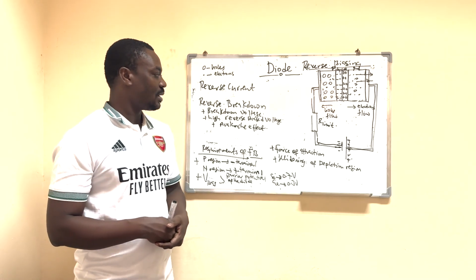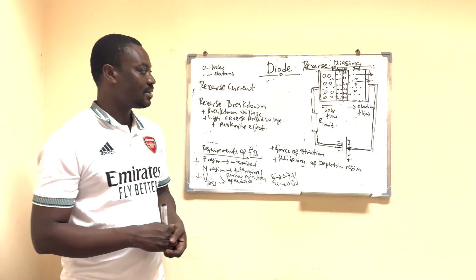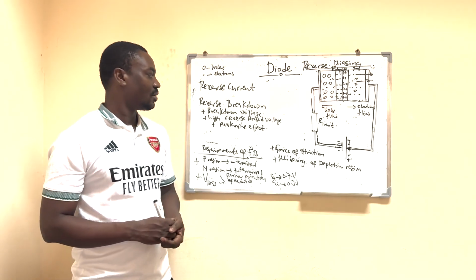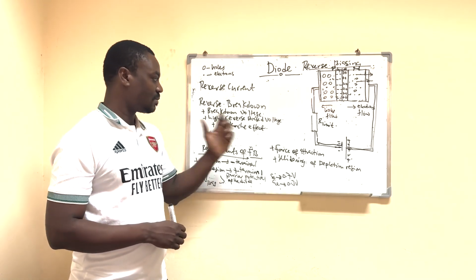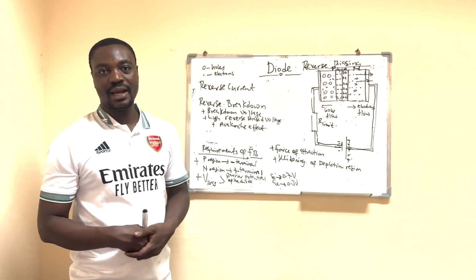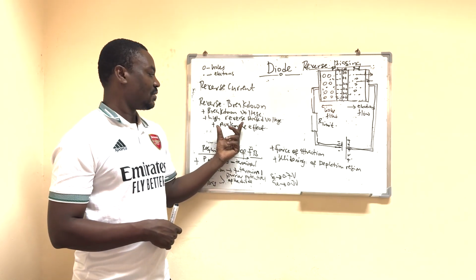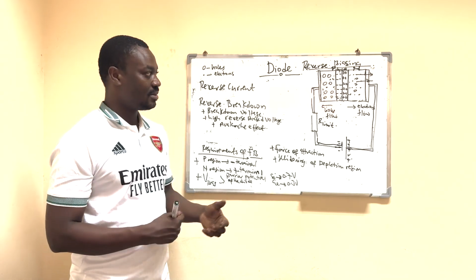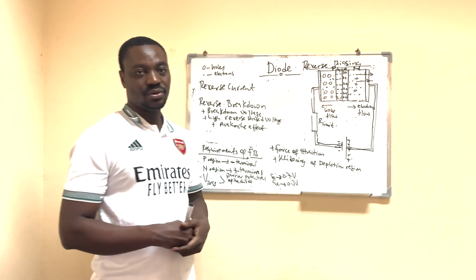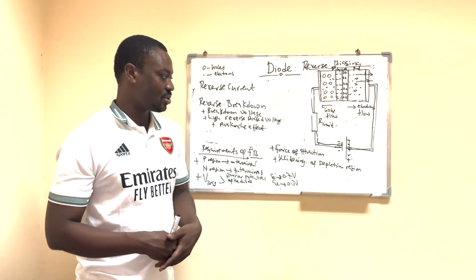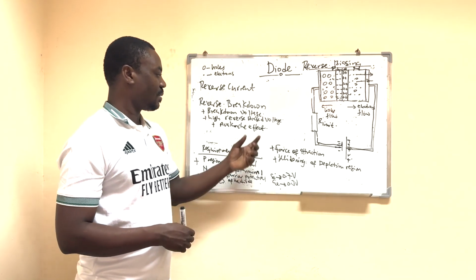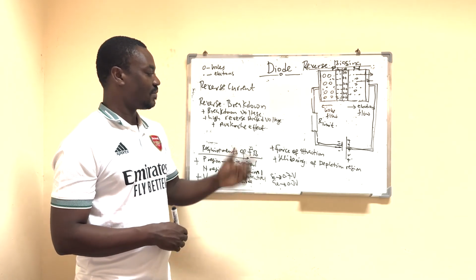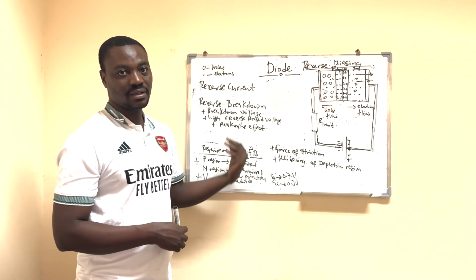Now, what we also tend to experience with reverse biasing is reverse breakdown. What that simply means is that if we have a high reverse bias voltage connected to the diode, this can result in electrons gaining extremely high speed.